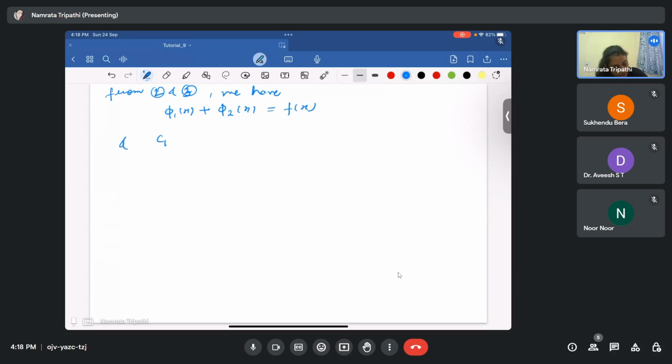And C1 phi 1 of x is equal to x naught. Fine.